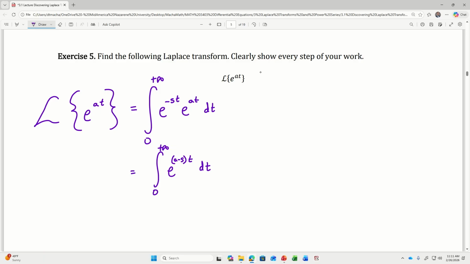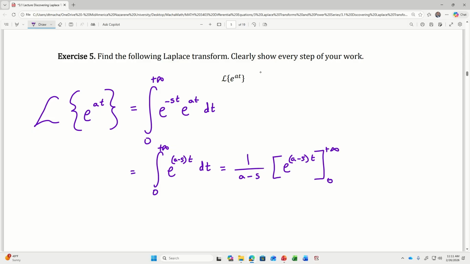And then taking the antiderivative means we divide by a minus s. And then we have e to the power a minus s t, and we're evaluating this at my upper bound and lower bound.